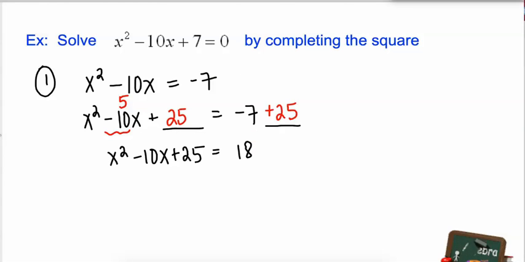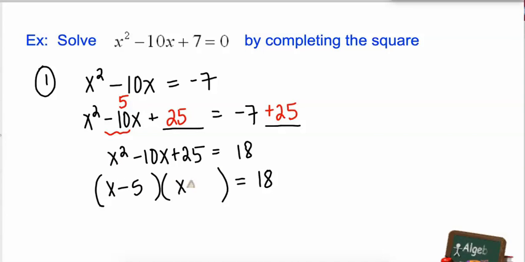Now what we've done is we've created a trinomial that is a perfect square trinomial. You might recall this from factoring. This factors to be x minus 5 times x minus 5, which we can rewrite as x minus 5 quantity squared.